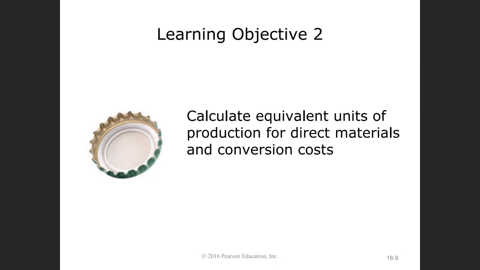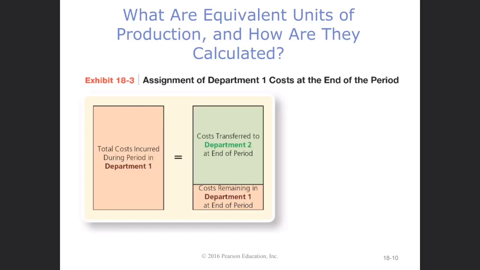We're going to calculate equivalent units of production for direct materials and conversion cost. So here we have the assignment of Department 1 cost at the end of the period.